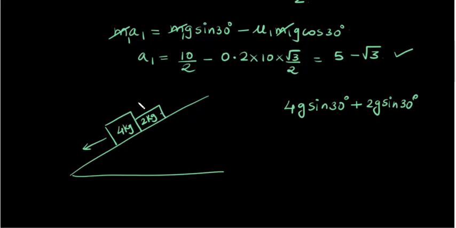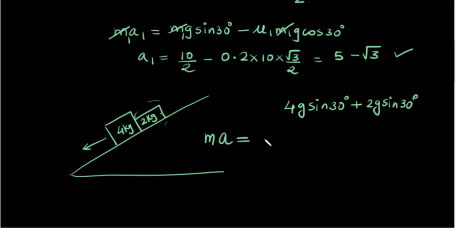Now for the friction we have mu1 into 2g cos 30. This is because of this block, and the friction because of this block is mu2 into 4g cos 30. So the net acceleration, that is ma, actually m is now 6 kg.